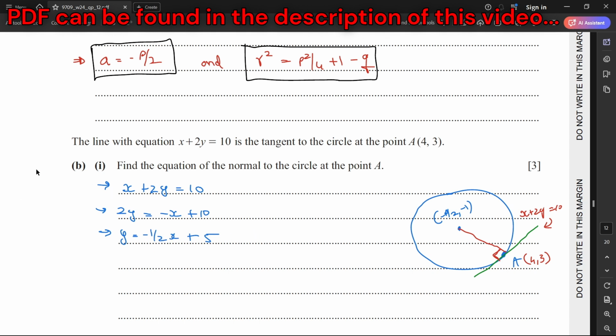The gradient of the normal is equal to -1 divided by -1/2, which comes out to be 2.